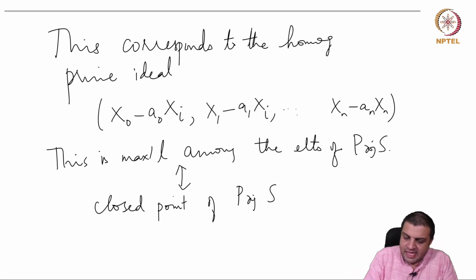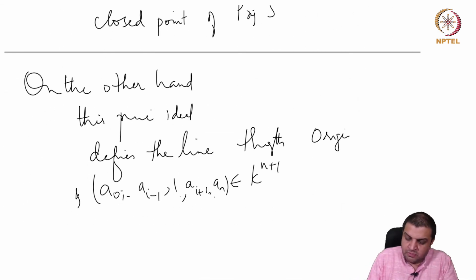Let's just quickly check, without actually writing it. If you have a point that satisfies these equations, then to identify the point, all we have to do is specify the value of xi. If the value of xi is non-zero, then it will be a multiple of this point.